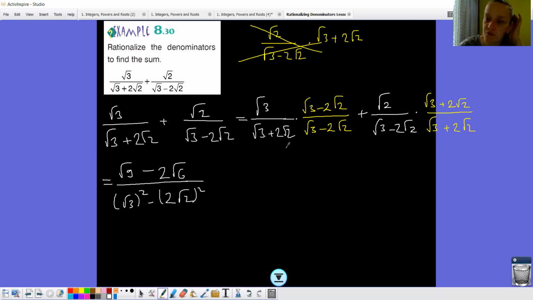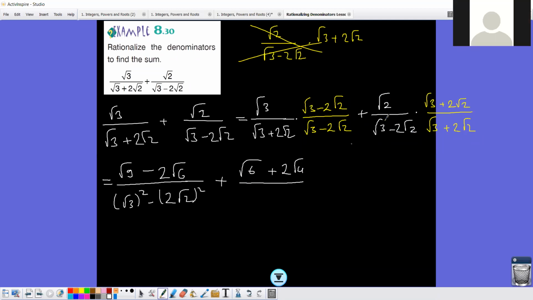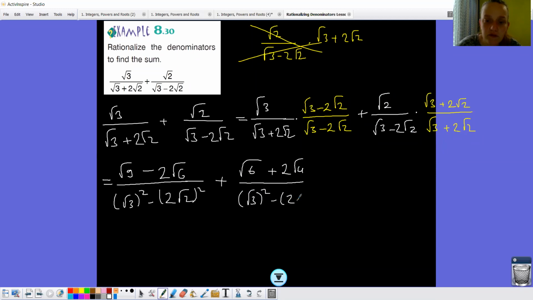Yes. We finish with the first fraction plus what I will have in the second one, root 2 times root 3, which will be root of 6, plus what I have, 2 times root of 4. Over the denominator will be root of 3 squared minus 2 root of 2 squared. Yes? Are we clear till here?